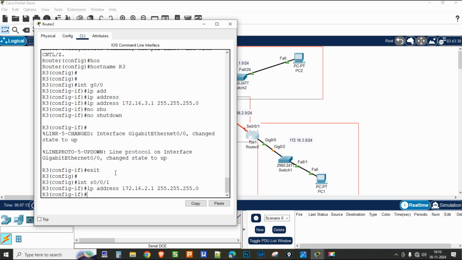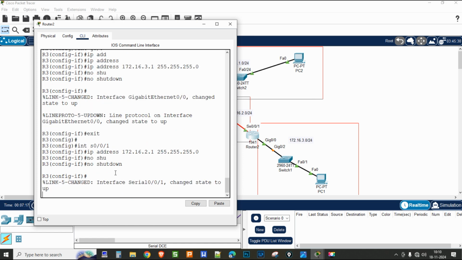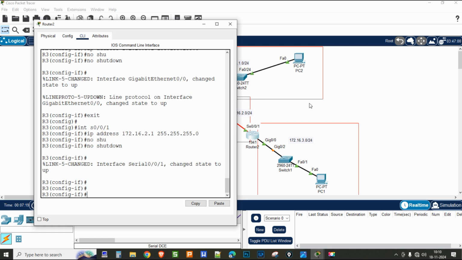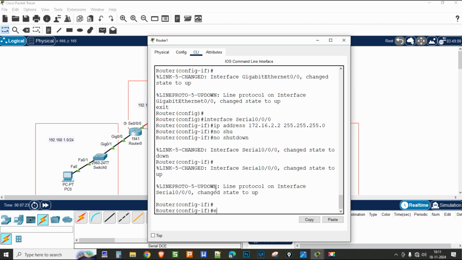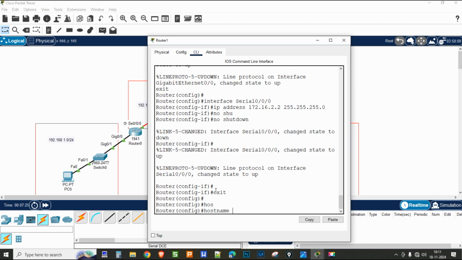So the opposite side has 2.2, here 2.1. On the R3 router, then we can modify the name, hostname R2.